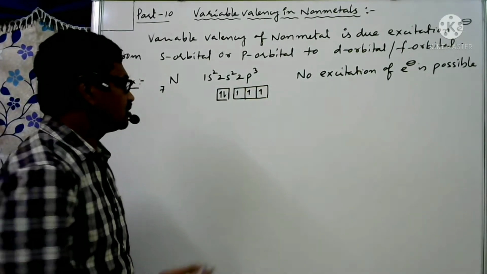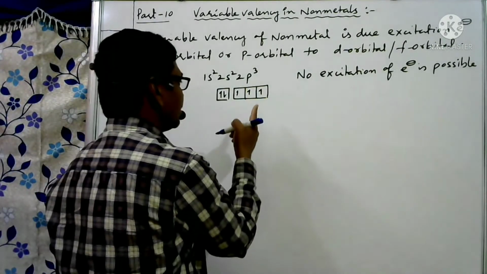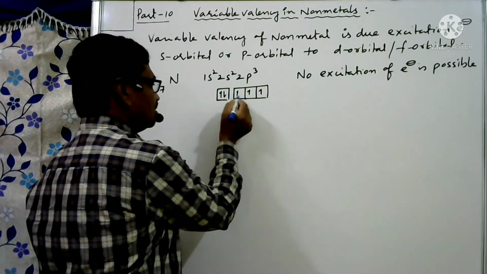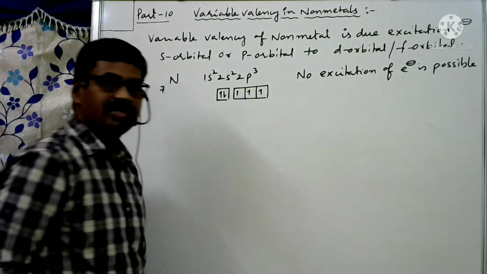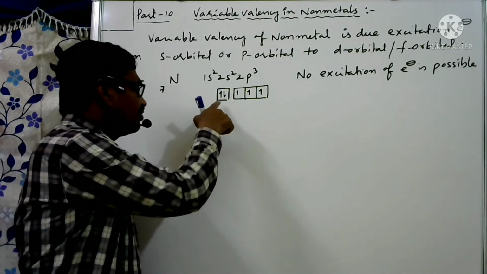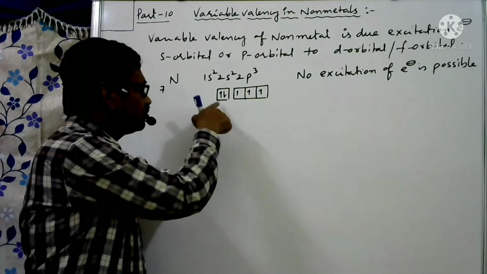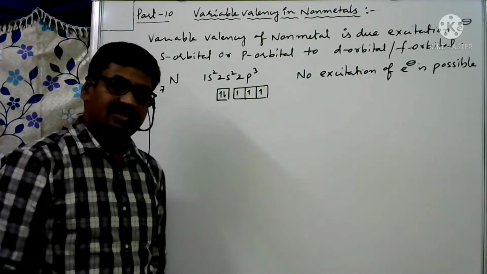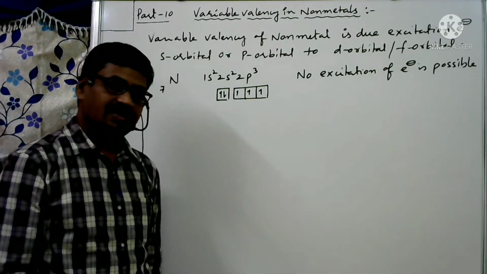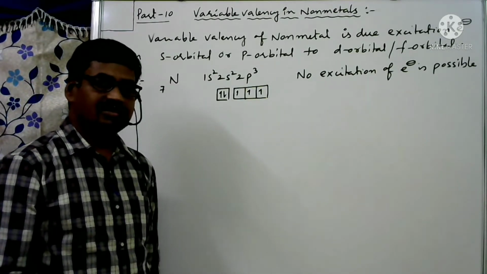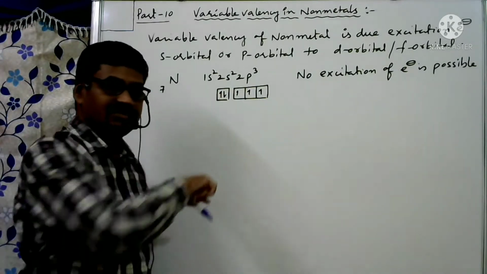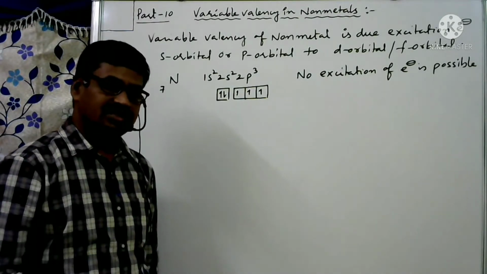Its valency is with respect to these unpaired electrons, and when nitrogen donates its electron pair to other species which have vacant orbitals, it can show another valency, not due to excitation of electrons.